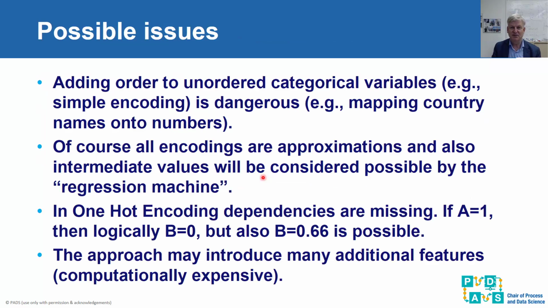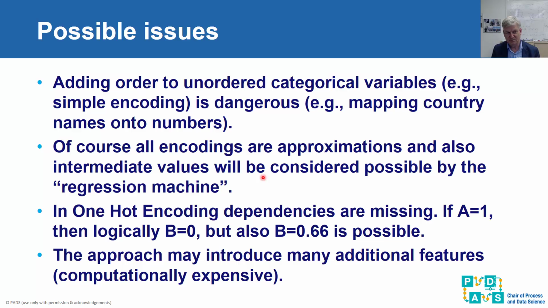So what are possible issues? For sure, if we have unordered categorical variables, we cannot map them onto a single number, and we need to use this one hot encoding that I showed before. What is also important to note is that regression will assign values that do not need to be 0 or 1.